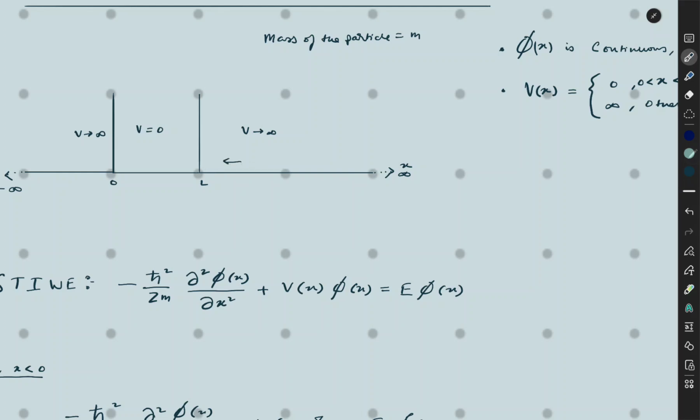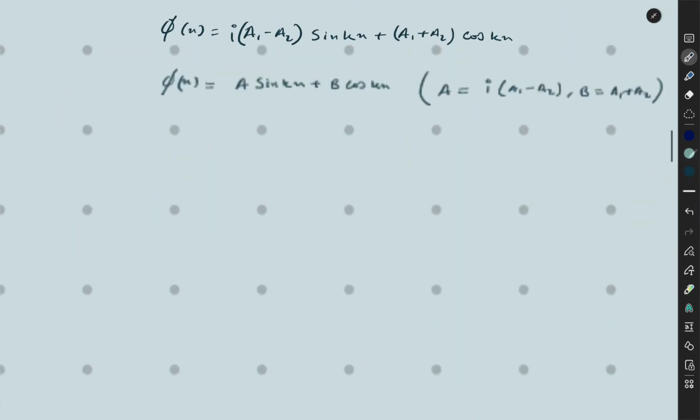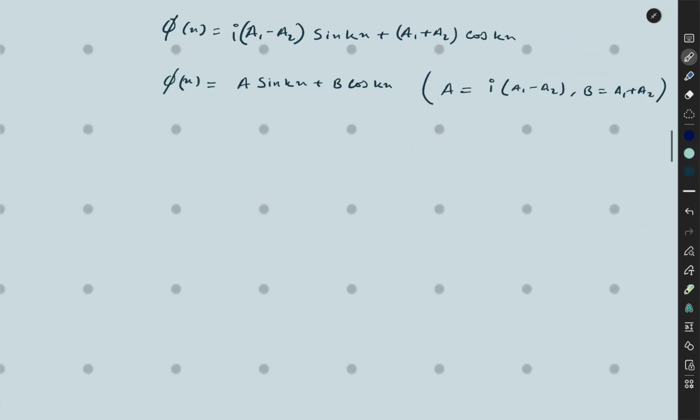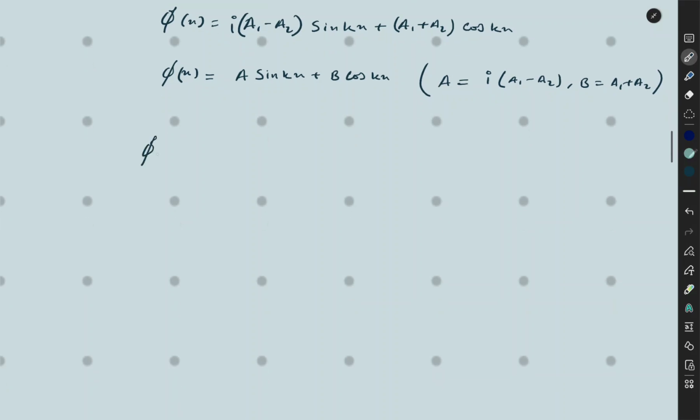So if it is continuous, then from the right side also it has to be 0. Therefore at x equal to L and x equal to 0, the wave function is equal to 0. So we will apply the condition phi of 0 equal to 0.